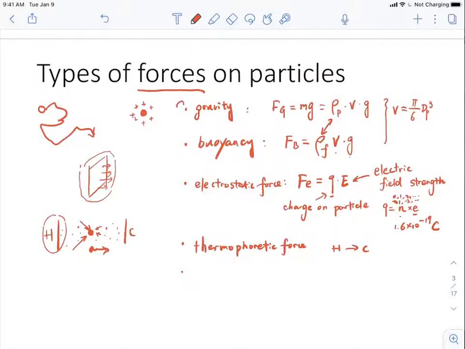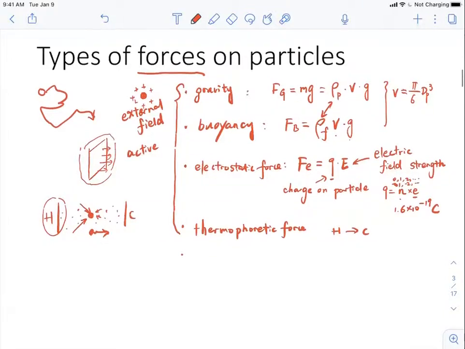But if you summarize all of these forces, you can see that they are actively placed onto the particle. It's because these particles are in this external field that the force can act onto them. We can also see that these forces are active, so they are being added onto the particle.